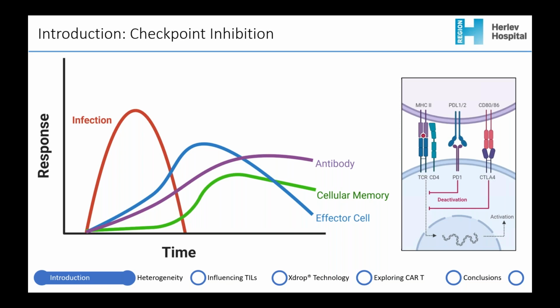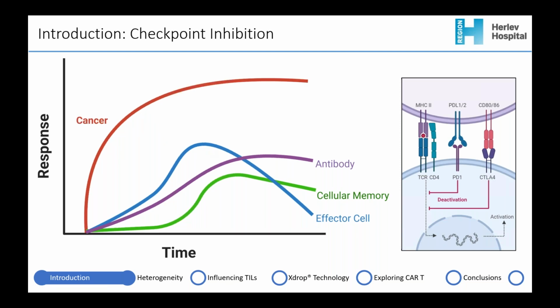This is really great when we're trying to fight a cold or some other infection, but it's really not what we want when we're trying to fight cancer. Cancer can actually exploit these mechanisms so that it can circumvent and escape the immune system. And in cancer, we don't want to dampen the immune response. We want to keep pushing it.